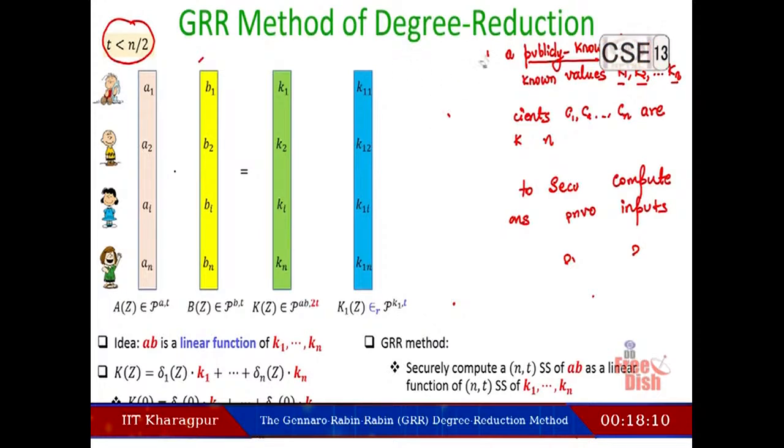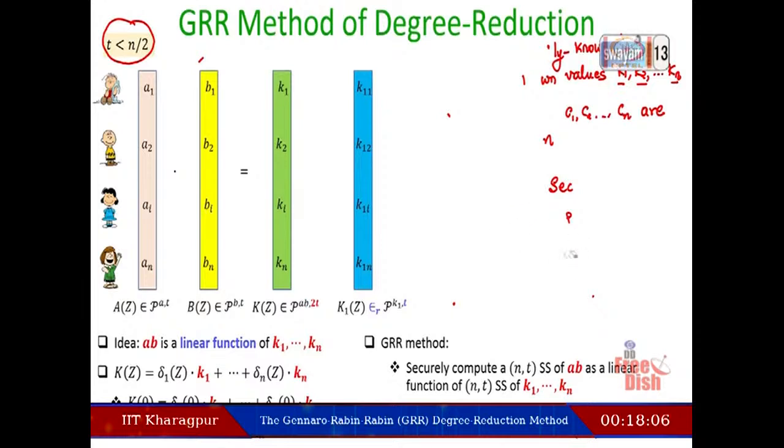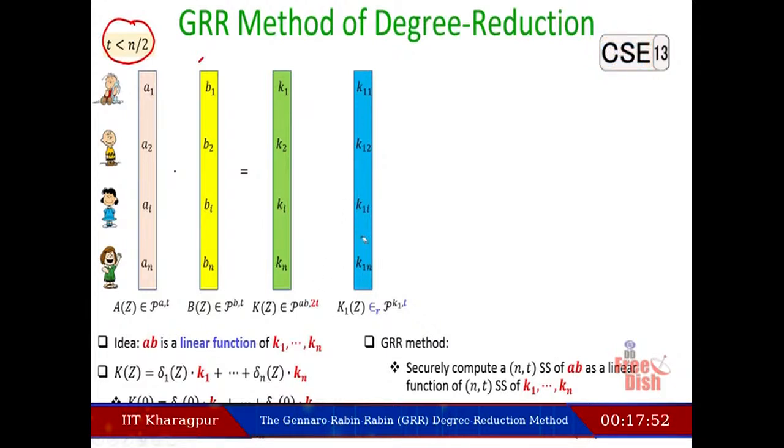Basically each party has to secret share their private inputs which are K1, K2, Ki, Kn respectively, and since the linear function is publicly known, namely the linear combiners are publicly known, the parties can apply that linear combination on the shares of K1, K2, Ki, Kn and then obtain the respective shares of A. Right.